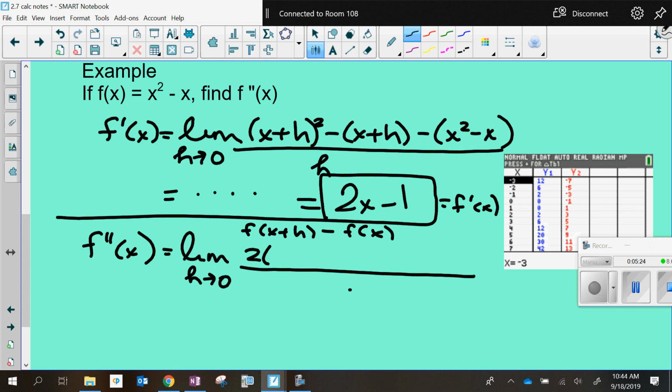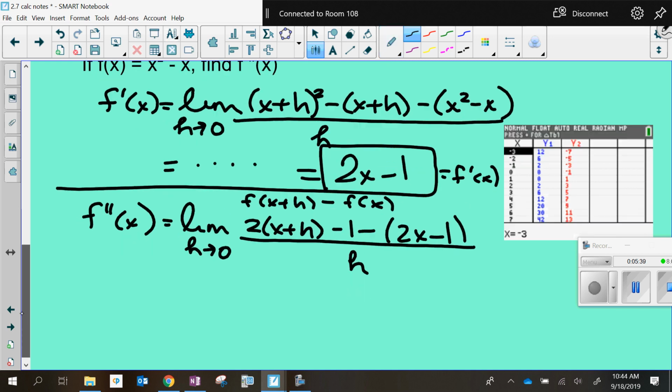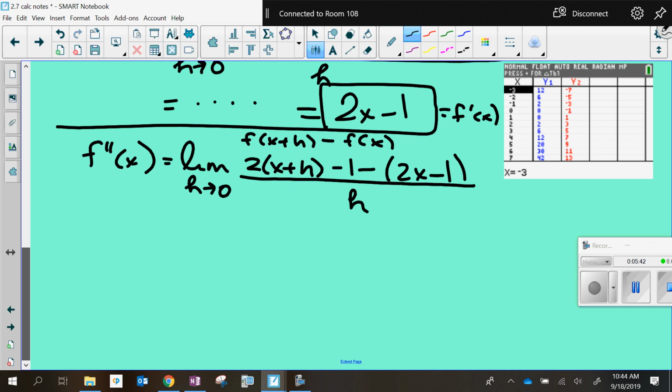Okay, very good. Minus 1 minus f of x, which is 2x minus 1, all over h. We're just finding a derivative again. The function we're looking at now is 2x minus 1.